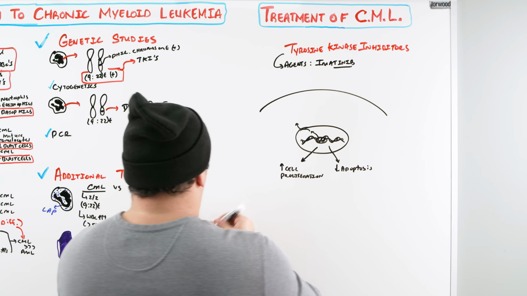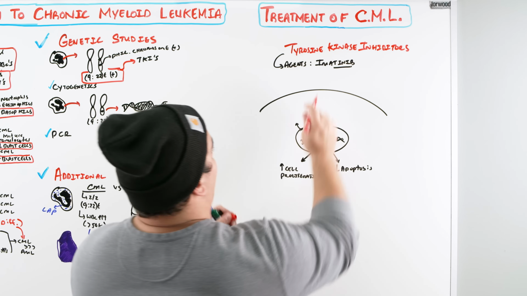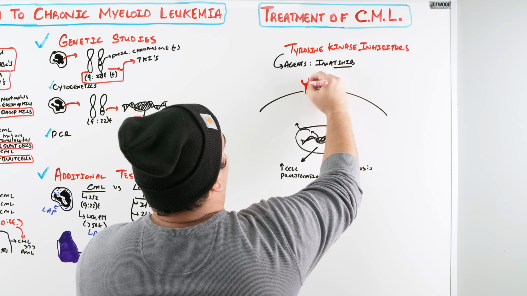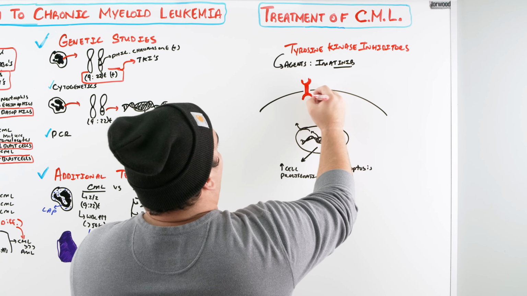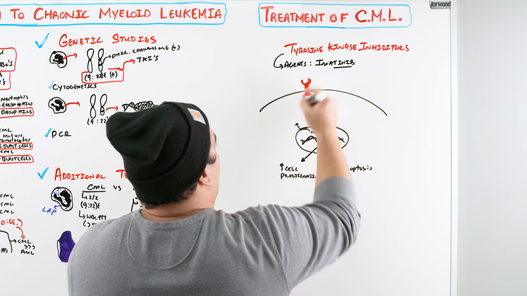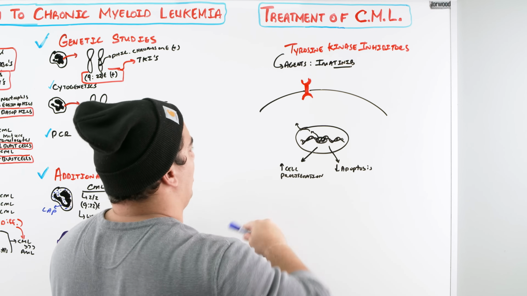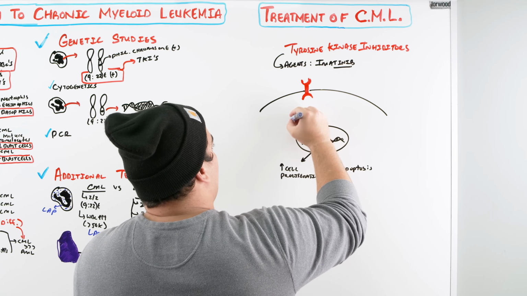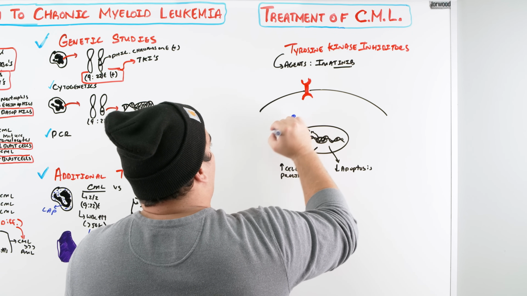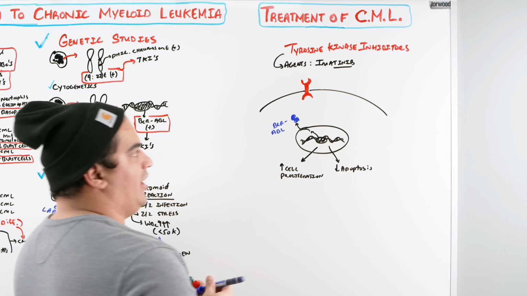And so let's say here I represent this. Here's this receptor. This is called your tyrosine kinase receptor. Here I'm going to draw in this blue color the BCR-ABL fusion protein. This is your BCR-ABL protein.